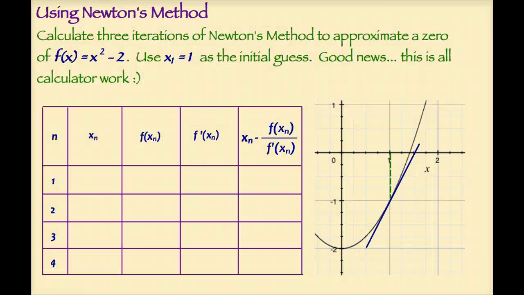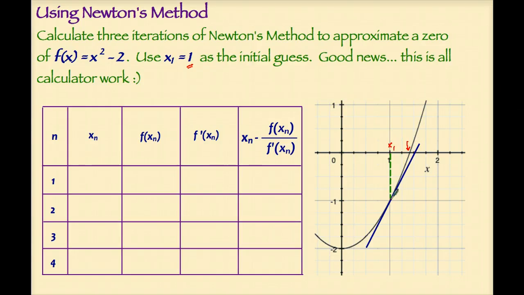Calculate 3 iterations of Newton's method to approximate a zero of f(x) = x^2 - 2. Use x sub 1 = 1 as the initial guess. Good news, this is all calculator work. Notice that I have a graph of the curve here. Here is the actual zero, and we're letting 1 be our initial guess, x sub 1.